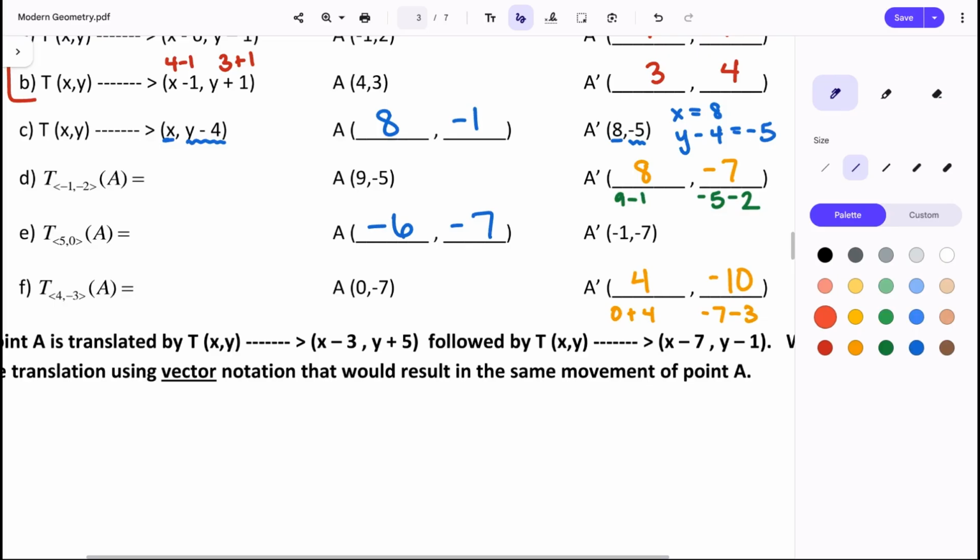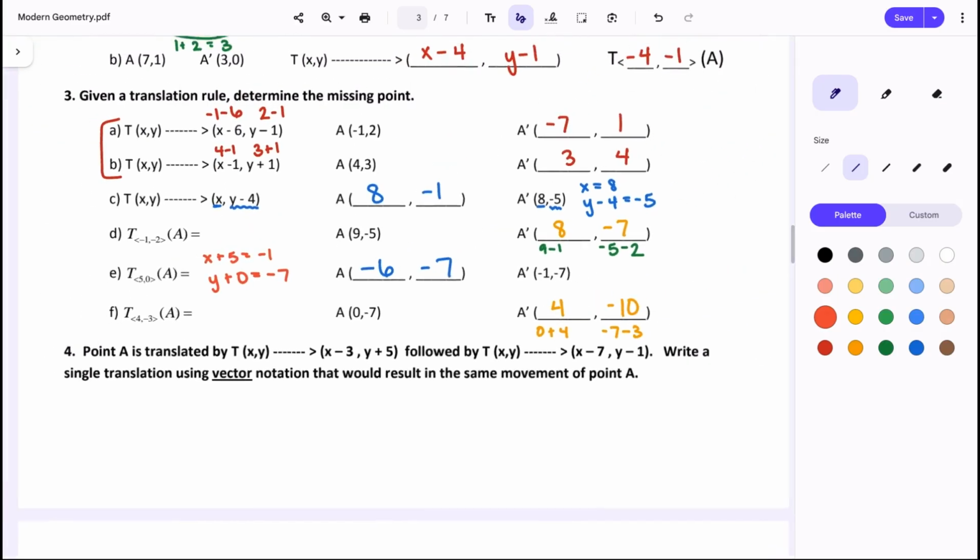So again, you could set up an equation here, guys. You don't know what the x is originally, but you know you took x plus 5 to get to negative 1. And that's why he was saying he subtracted the 5 from the negative 1, because he's already mentally setting it up. Then we do the same thing with the y. It'd be y plus 0 equals negative 7, and that's where that negative 7 comes from.